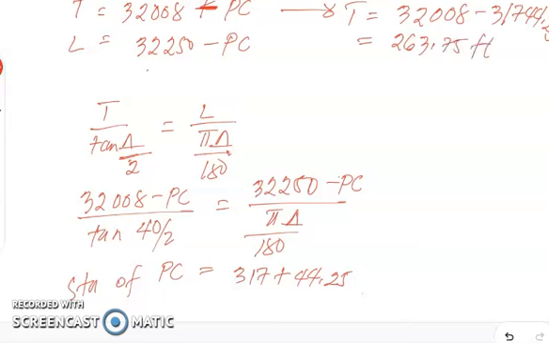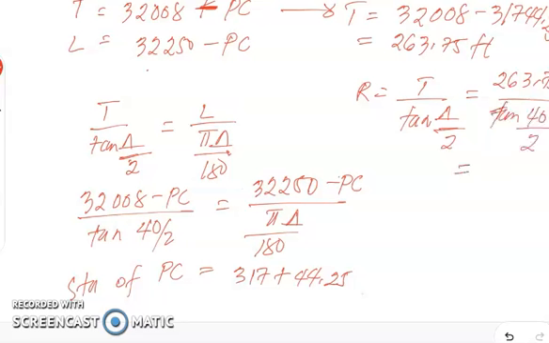Now, using our equation R is equal to T over tangent of delta over 2, we simply substitute 263.75 over tangent of 40 over 2. This gives us a value of 724.59 feet. So we have now our value for R.